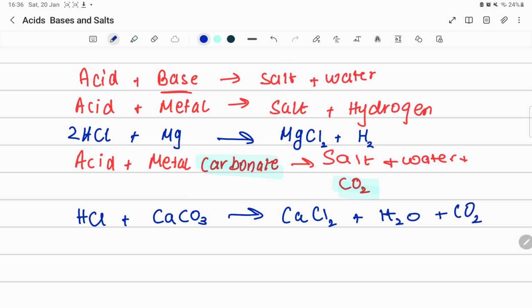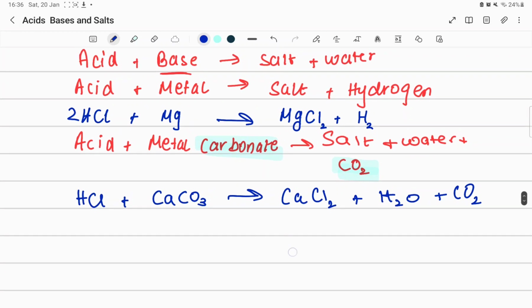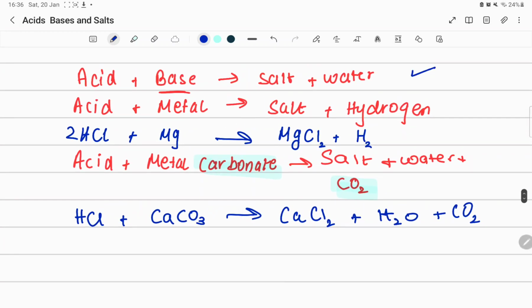And if this requires any balancing, you can go ahead and do that. But I will be moving on right now. So these need to be memorized. These you need to know like your name. Very, very important. There are many times that they give you a reaction and you're going to have to write it in the chemical form. Do make sure that you do the balancing in your exams.